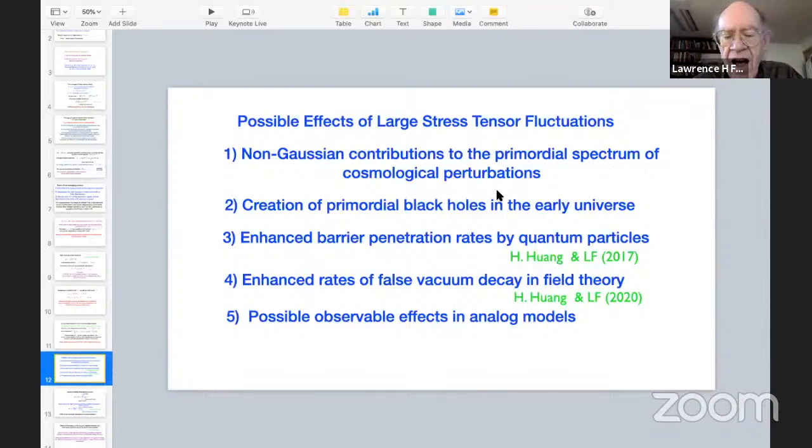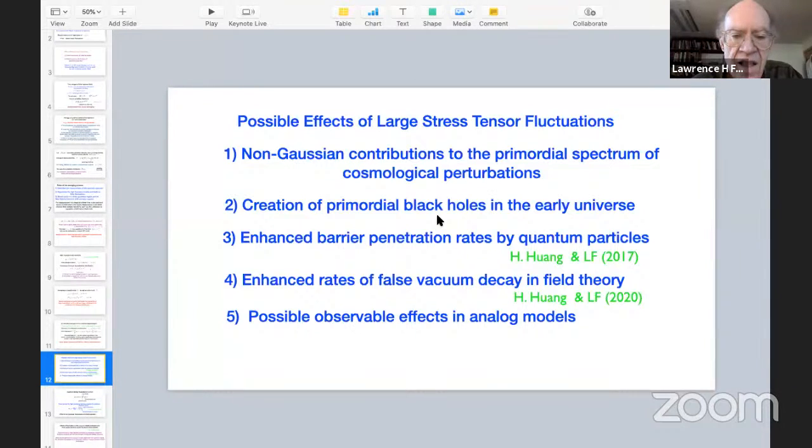Another effect is that if you had a very large stress tensor fluctuation, large energy density, you could possibly create a primordial black hole. If you imagine an energy density fluctuation that was large enough so that you push a little bit of matter within its own event horizon, it basically will collapse to become a black hole, and then either be stable or evaporate by Hawking radiation.